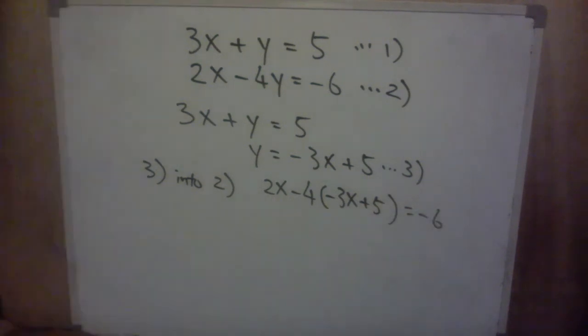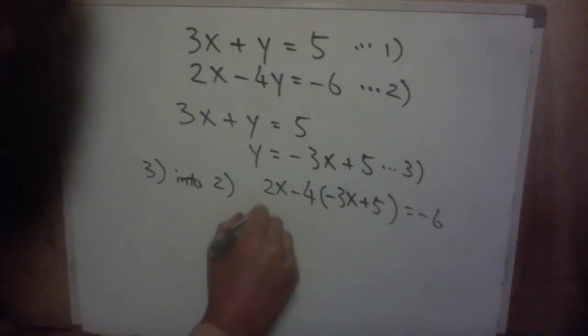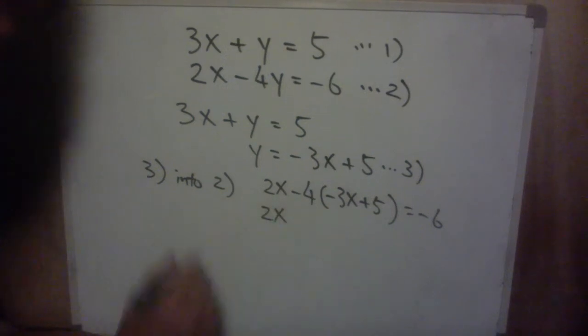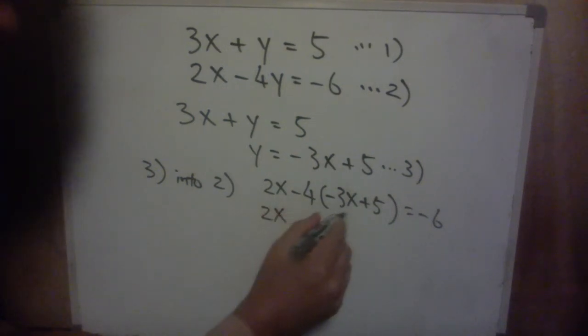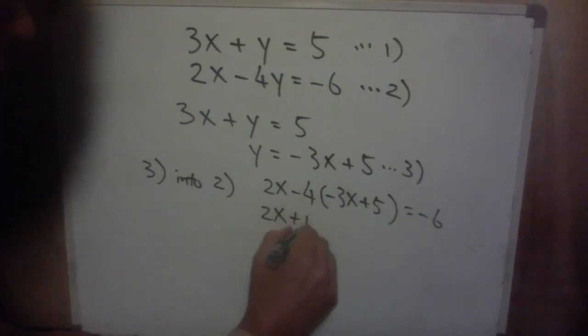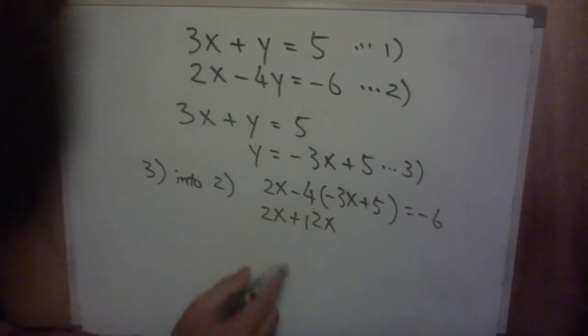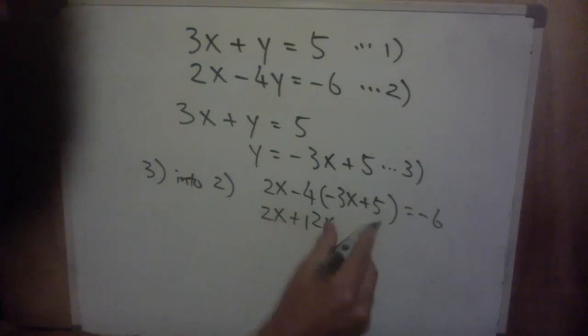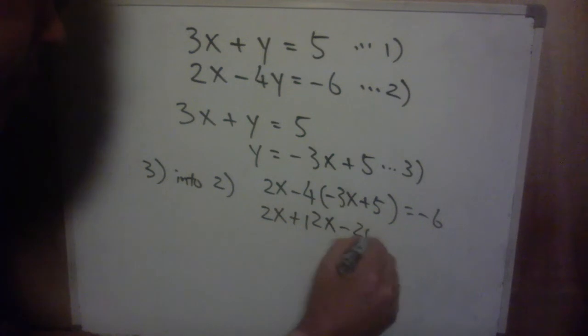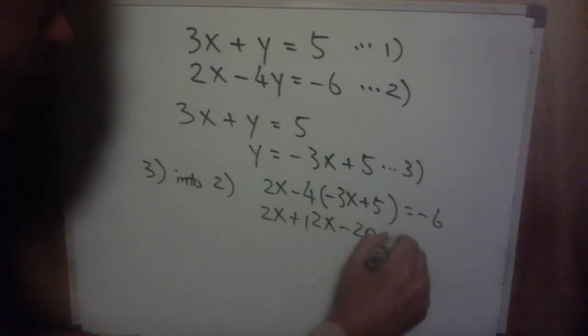So let's calculate this. It's 2x, and negative 4 times negative 3x is plus 12x. Then negative 4 times 5 is minus 20, equals negative 6.